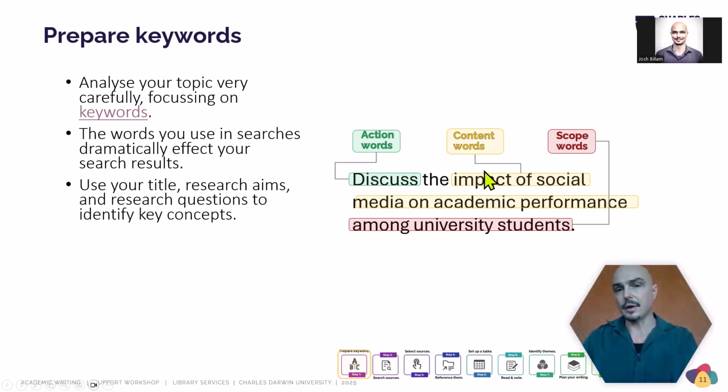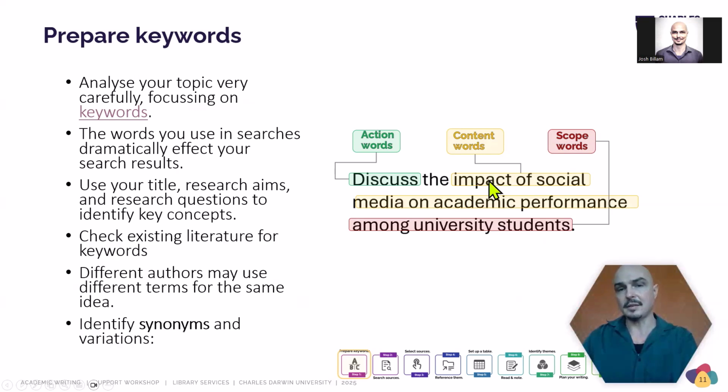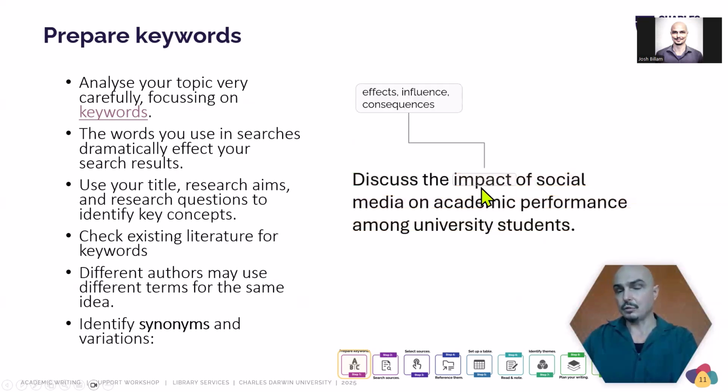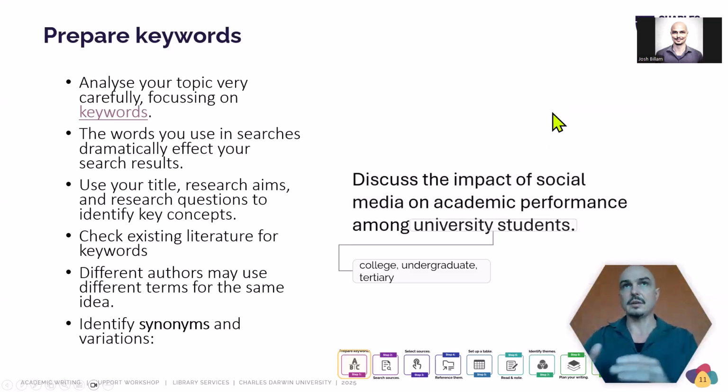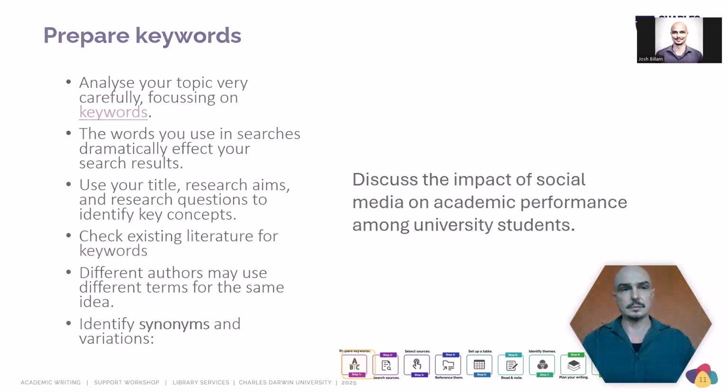You might not find any sources using the word impact, but if you choose synonyms for the word impact, like effects, influence, or consequence, you might have different results. Same with that word, multiple synonyms, etc. So consider alternative synonyms for your search terms and try different combinations when you're searching.